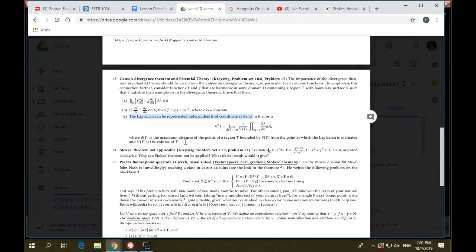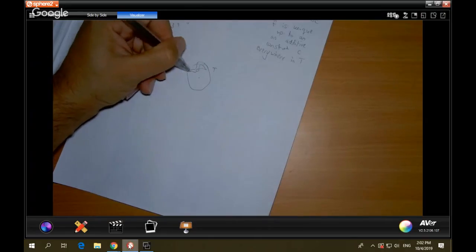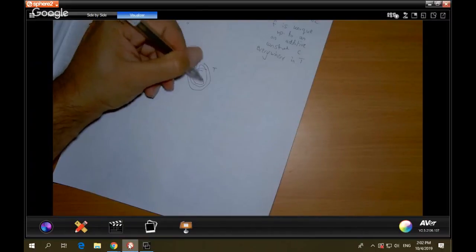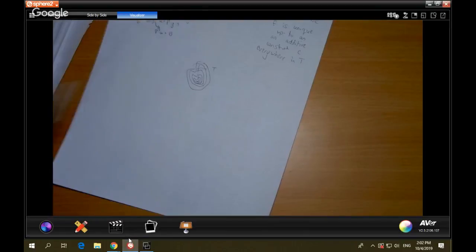So basically what's happening is we are taking a very small volume, we keep shrinking the volume of T, we keep making T smaller and smaller. So all of these points keep getting closer and closer to each other, okay? So you can think of dT as being somehow the radius of the ball which encloses the volume T that you're interested in, okay?